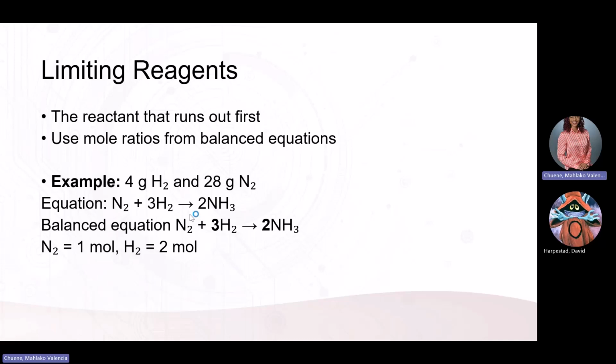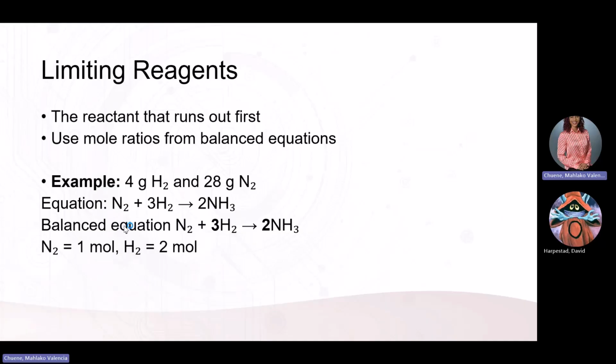However, what we know here is that there is only 2, which means that our hydrogen is the limiting reagent. It's going to run out fast because we do not have enough hydrogen gas to react with the nitrogen. So that is our limiting reagent.